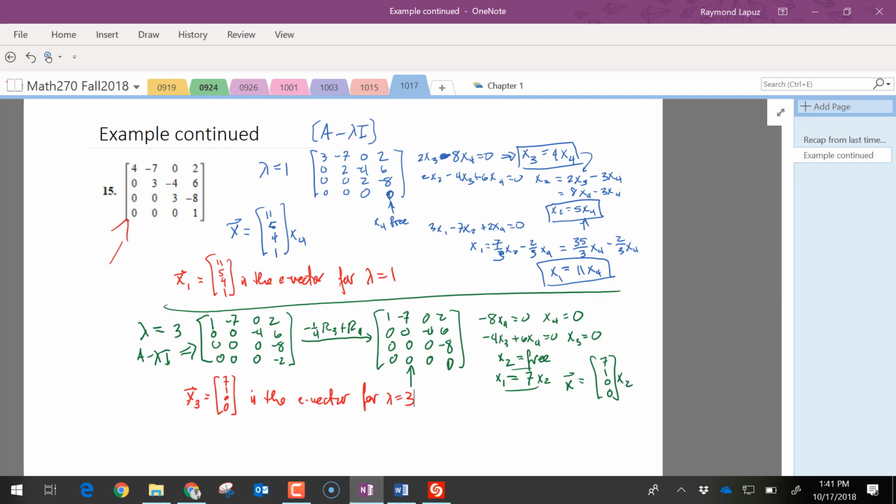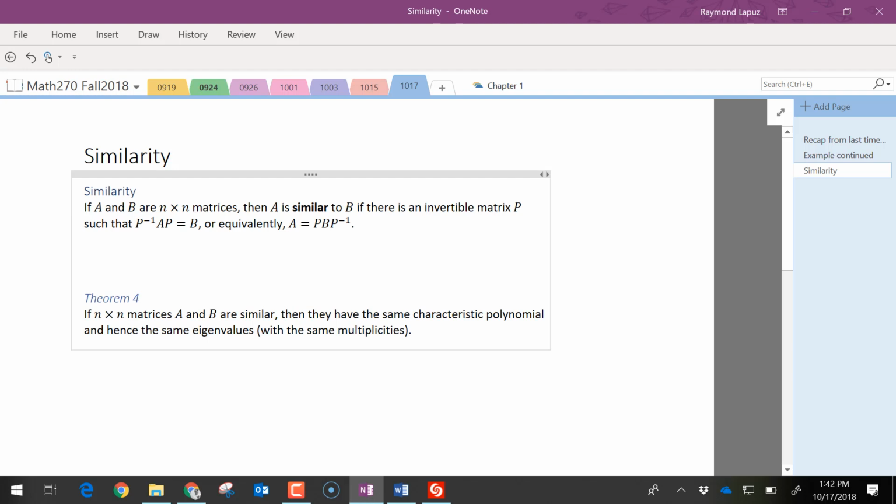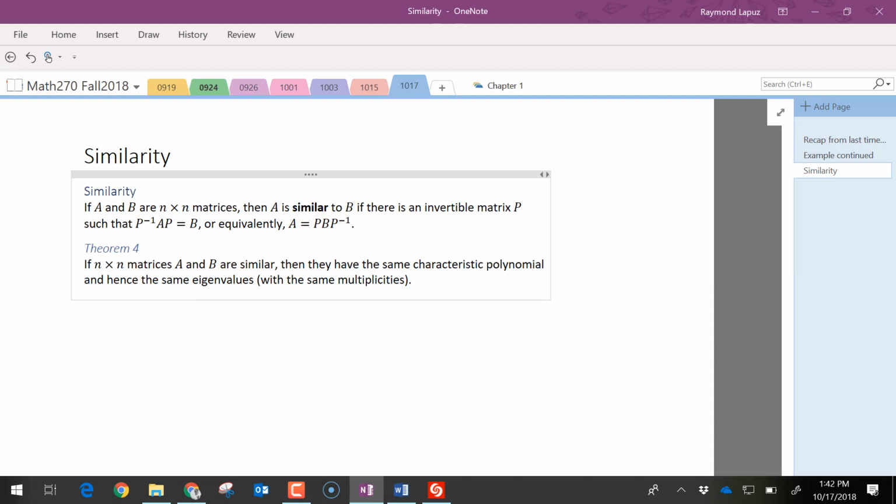All right, let's take a look at some new definitions. Two matrices are similar if you can find an invertible matrix P such that this is the case.